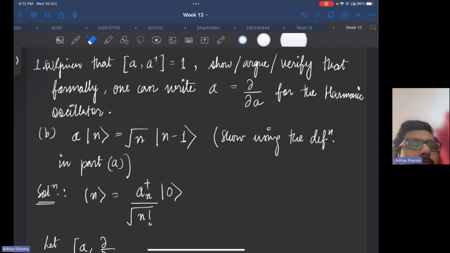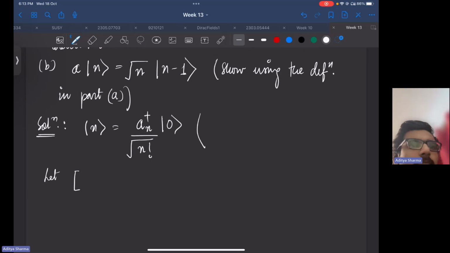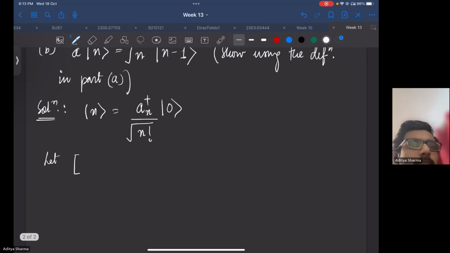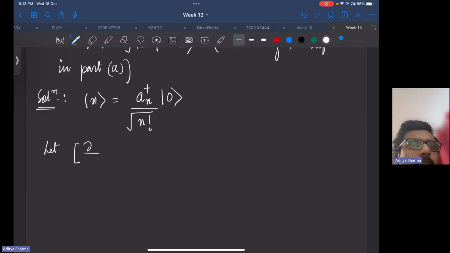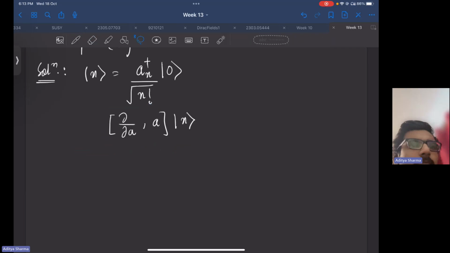I'll take this one because it is easier. If you want to show the opposite, you have to write this in terms of A. So let me take A acting on any nth state, and compute this.